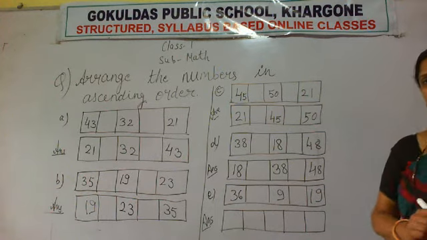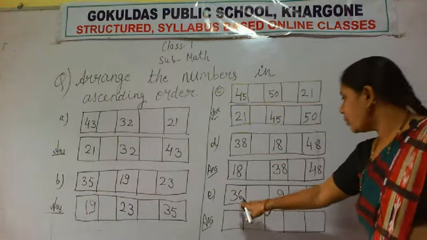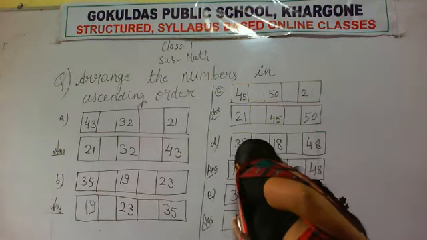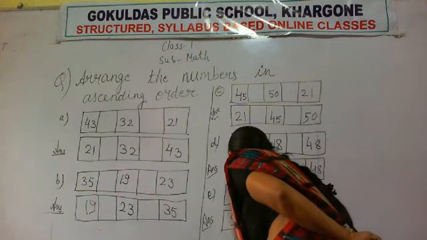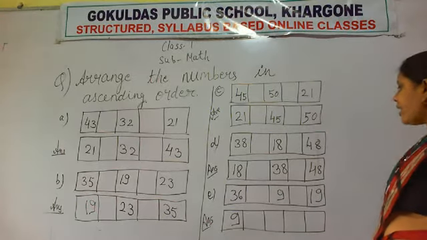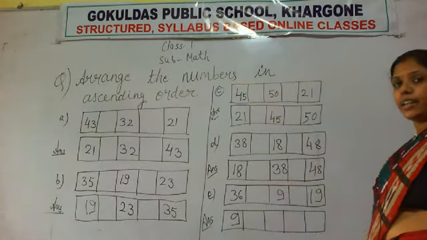First identify the smallest number. Which is the smallest number among 36, 9 and 19? 9. Very good. So write here 9. Now identify the next smaller number between 36 and 19.